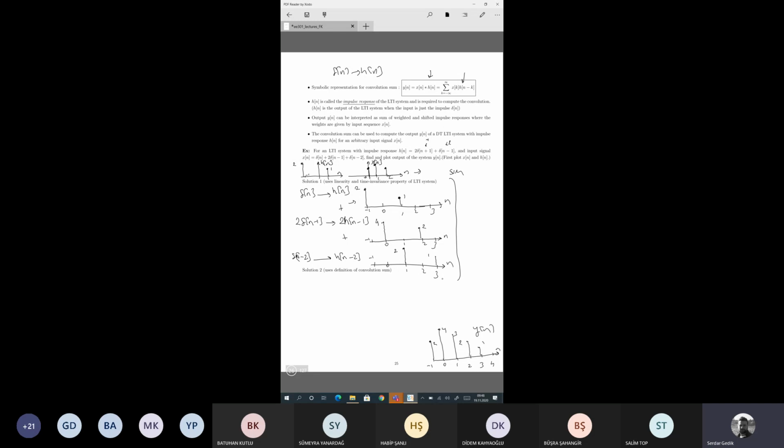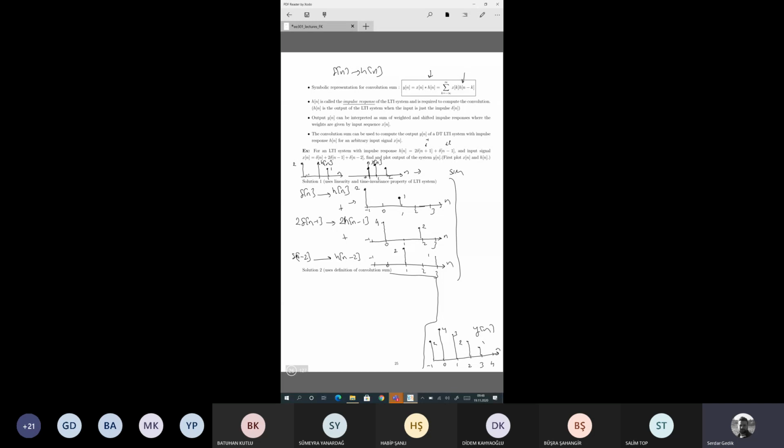Okay, so this tells me that by using this graph idea, or by simply representing the output as scaled and shifted versions of h of n, you can easily find the output.